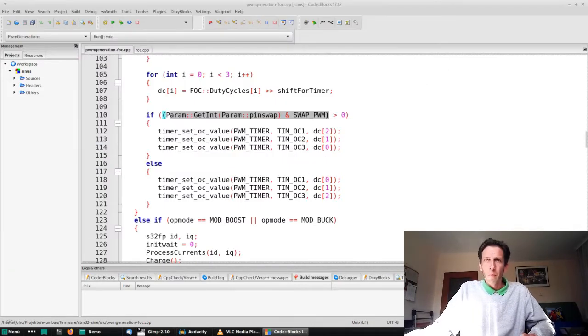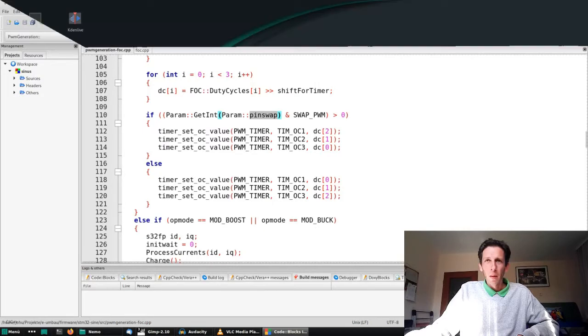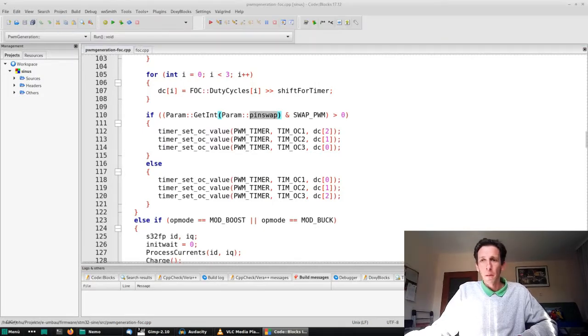So, well, I messed this up on the Leaf adapter board, I swapped PWM channels 1 and 3. I introduced a parameter to swap this back in software.